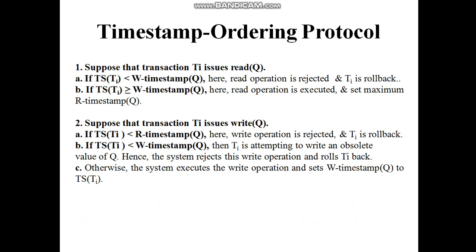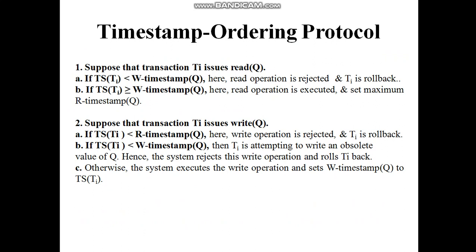Second, if the transaction issues a write operation on data item Q. The very first case is, if the timestamp of the Ti transaction is less than the read timestamp of data item Q, then the write operation is rejected and Ti is rolled back.